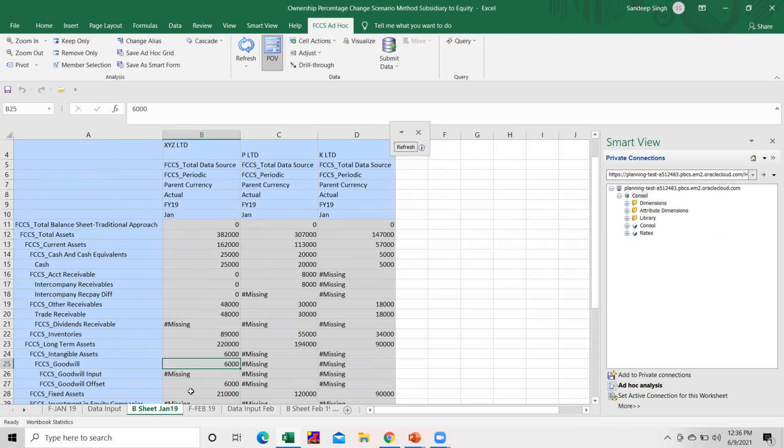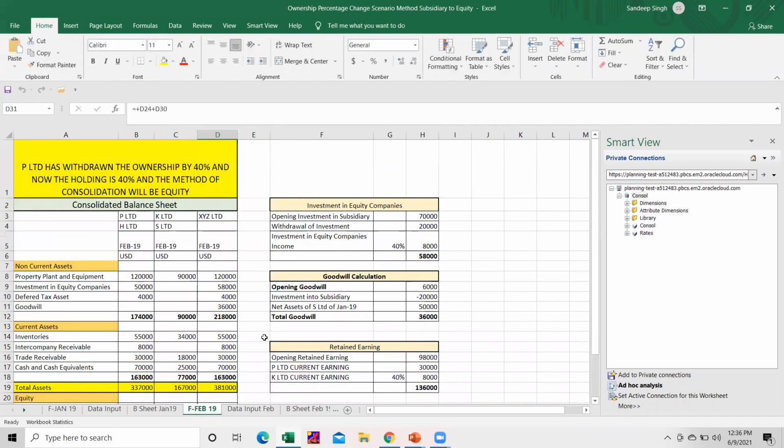In the next month, that is February, P Limited has withdrawn the ownership by 40%. So it means that P Limited has the ownership of 40% only, and the method of consolidation will then be equity.